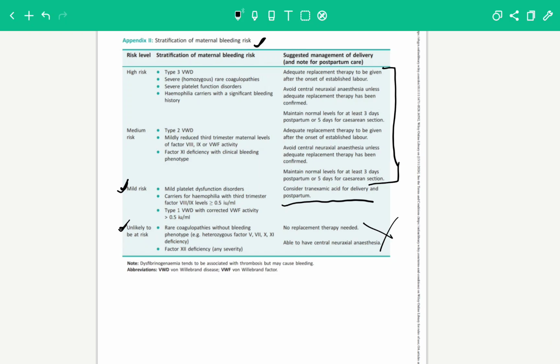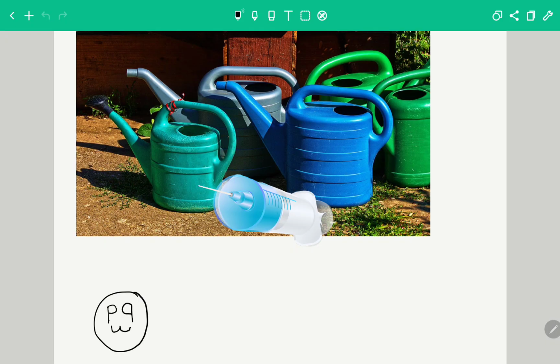Now, to understand the management of the high risk and the medium risk category, the easiest mnemonic to remember this management is this plastic water tank. Now we all know that for this tank to be functional and to deliver water, it is very essential to maintain the minimal levels of water inside the tank.